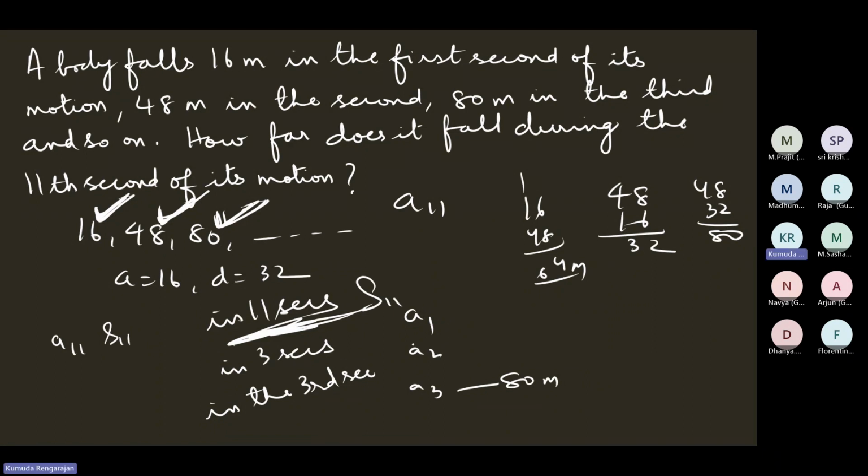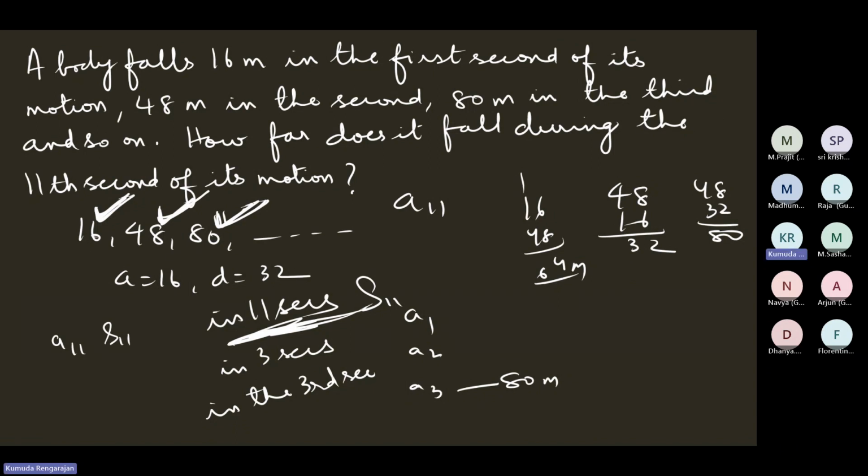What is the distance covered by you in 5 minutes? How far did you run in 5 minutes is different from how far you ran during the 5th minute. The distance you covered in the 5th minute is different from the distance you covered in 5 minutes.